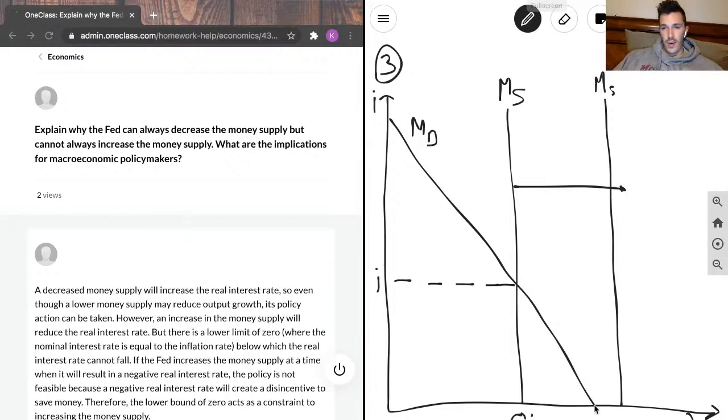So at this point here, the interest rate is already 0. And at this point, moving the money supply any further to the right has no further effect on the interest rate. So this point here is when we enter what is called a liquidity trap.